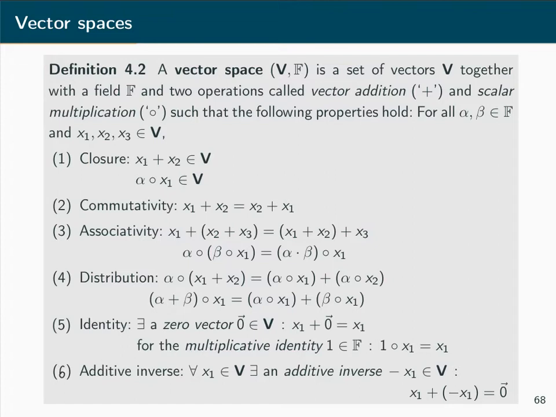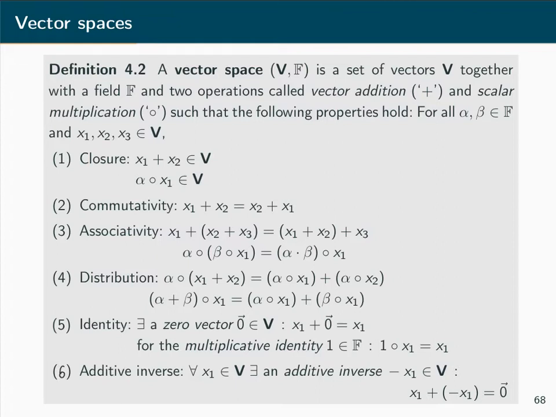And also we want a second type of distribution. If we first add the two scalars together and then multiply this with the vector x1, we get the same result as if we multiply each scalar with the vector x1 and then add the two vectors together. Fifth, identity.